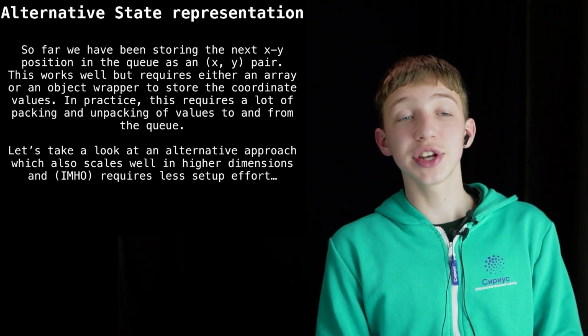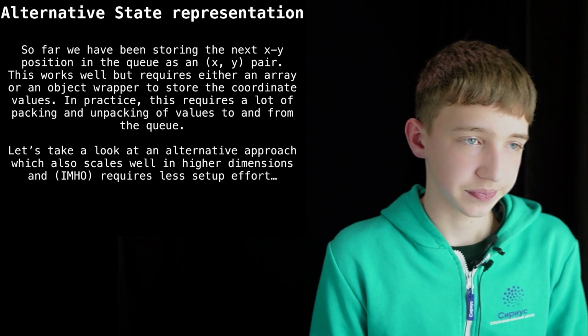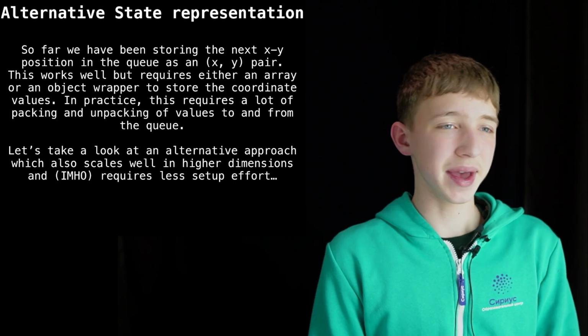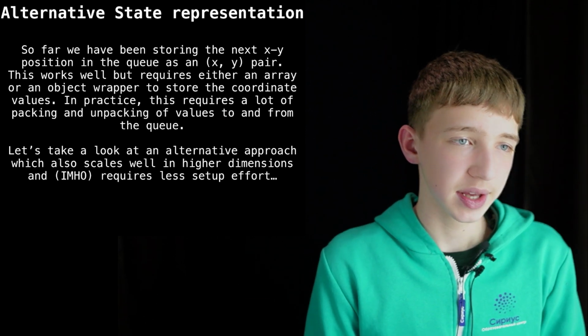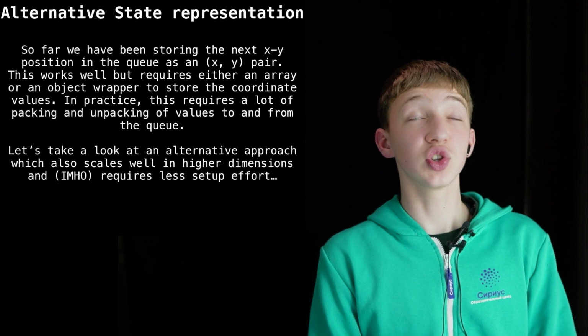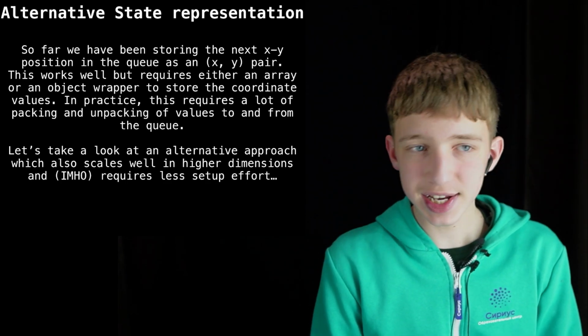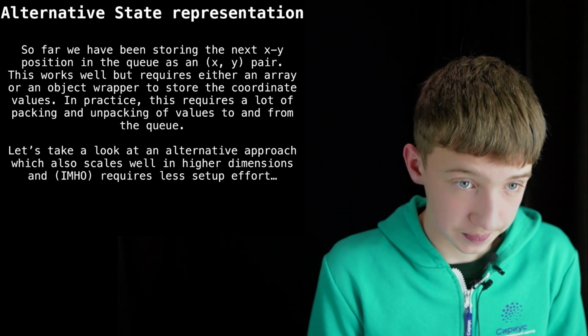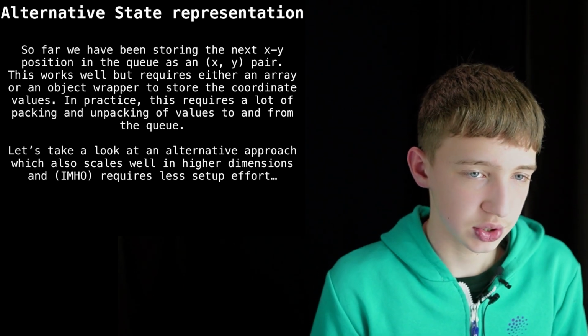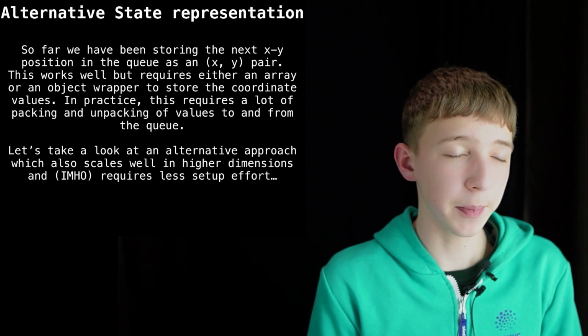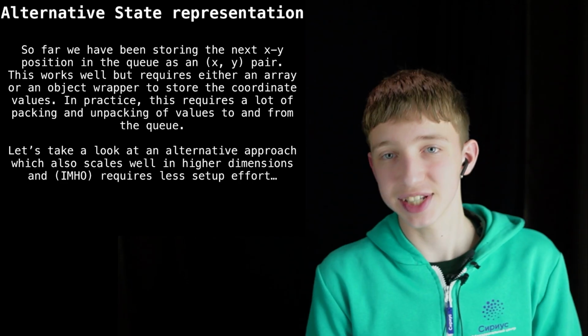or if that is a higher dimensional maze. If we want to find the shortest path in a 3D maze, whatever, it would take a lot of effort to set up this data and this algorithm.